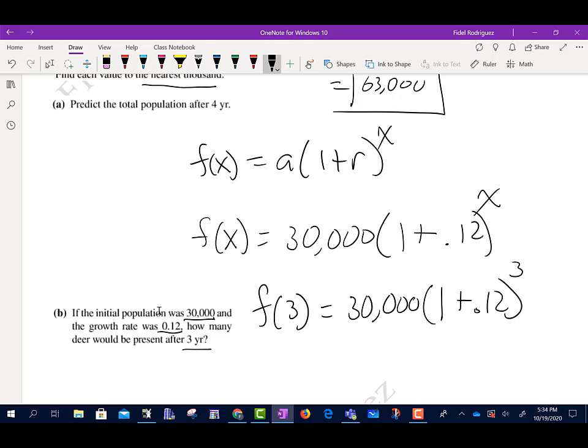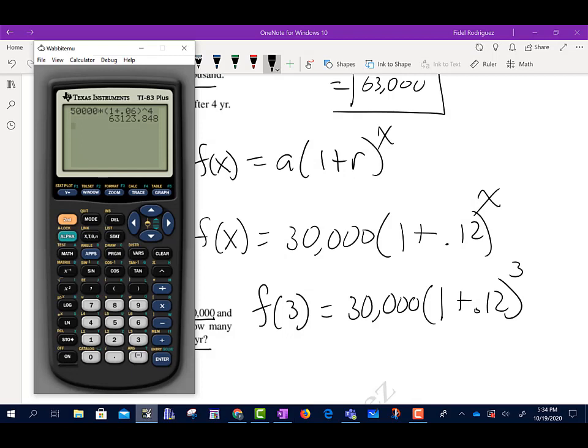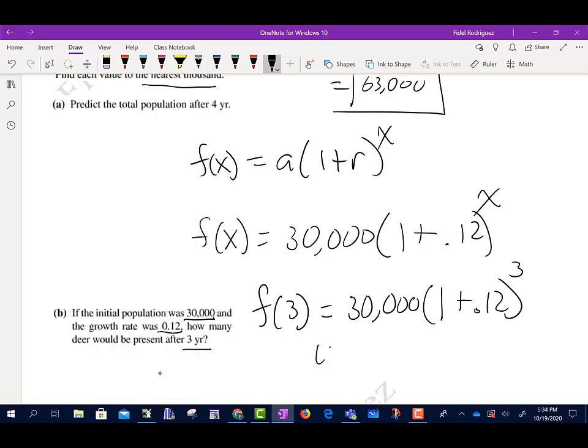So again, I'm going to type in exactly what I see on my calculator. 30,000 times parentheses 1 plus 0.12, close that off, raised to the power of 3. Okay, and here I'm coming up with 42,147. Again, it says to round to the nearest thousand. So the nearest thousand, this would have been 42,000, right?